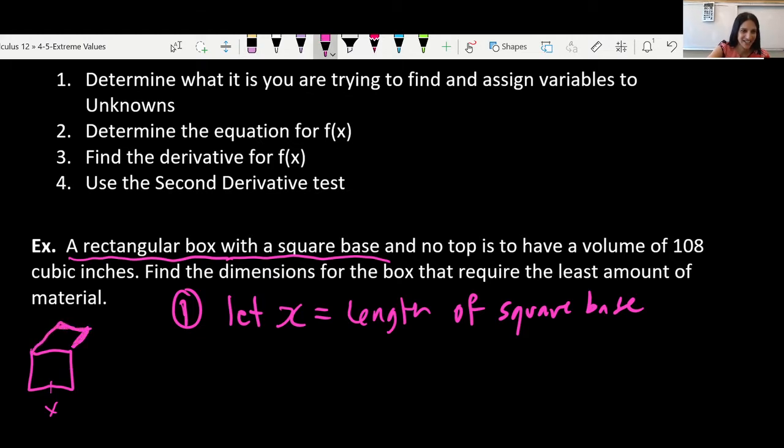I'll try to draw it three-dimensional, and I feel like going over it multiple times makes it look a little bit better. So this side would also be x. And then how far up it goes, we could label that as h. So let's let h equal the height of the box.